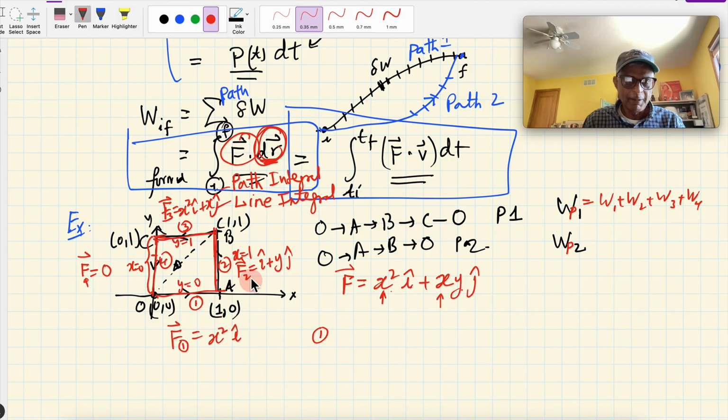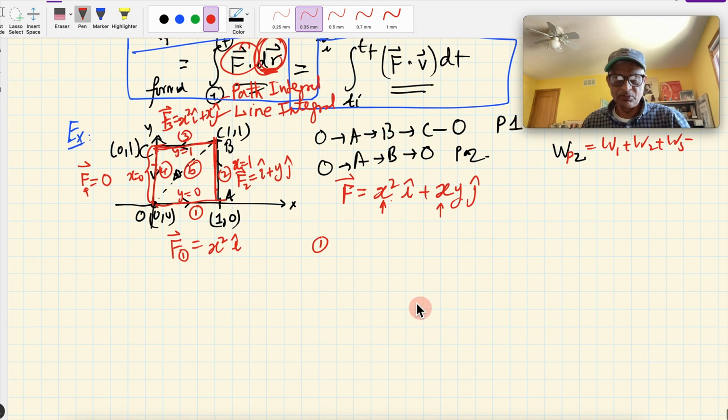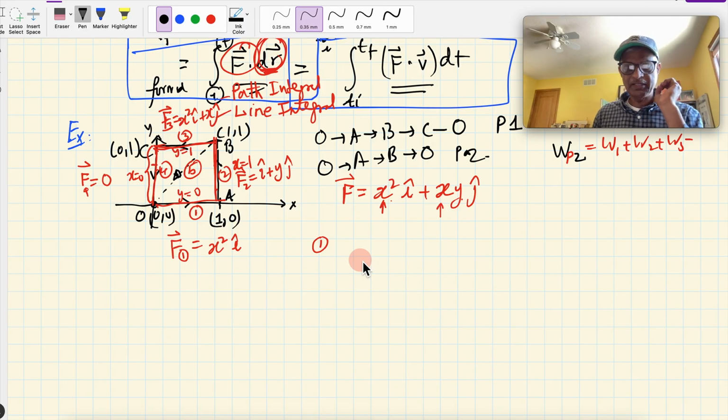Those are four pieces. And we're going to call this one 5, and W on path 2 will just be W1 plus W2 plus W5. Okay, is that everything clear?